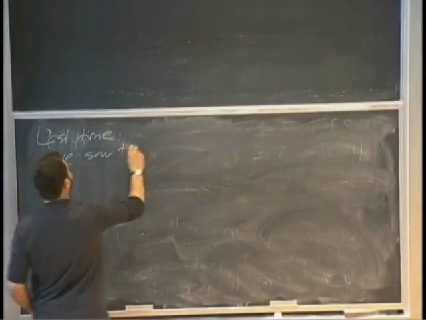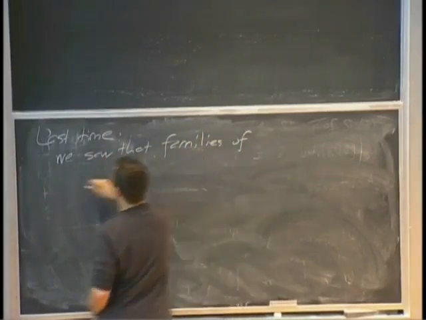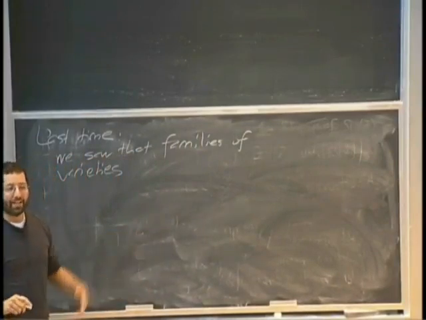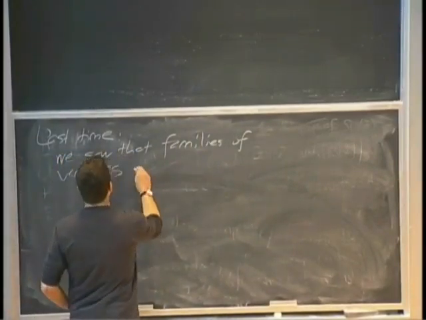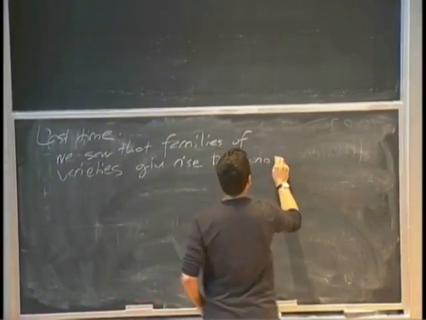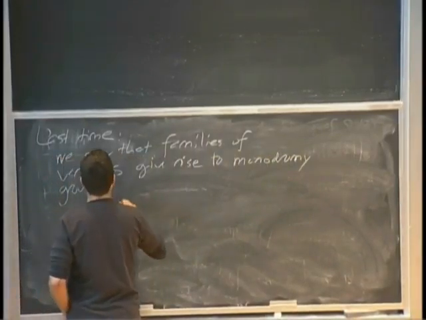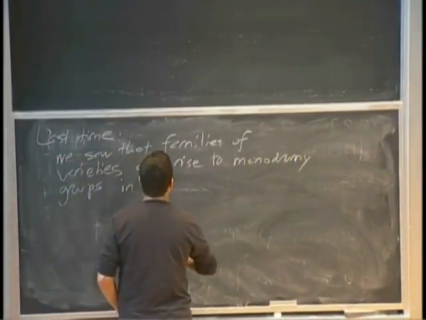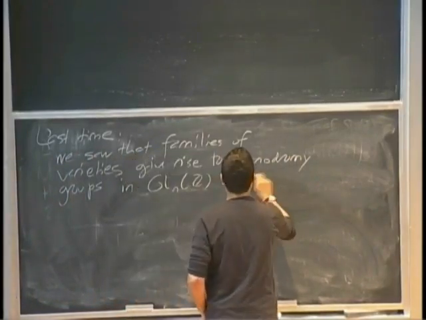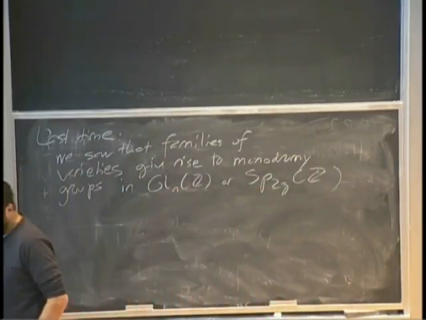So last time we saw that families of varieties, and in particular, I think everything I'm going to talk about today is about algebraic curves, give rise to monodromy groups in GL_N(Z), or especially Sp_2g(Z), which is the case when we're studying families of genus g curves, as I'll largely do today.